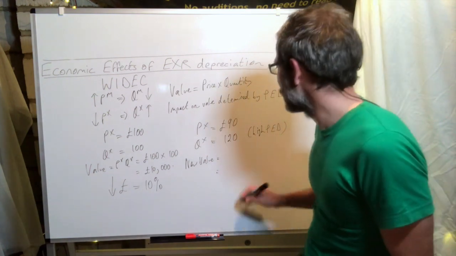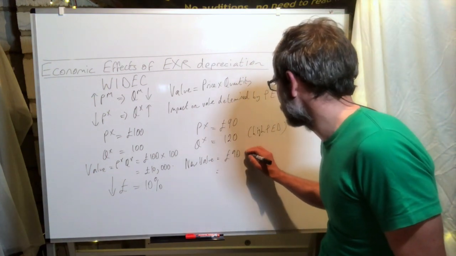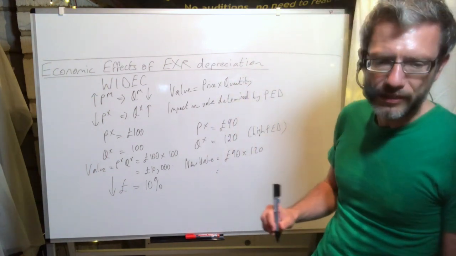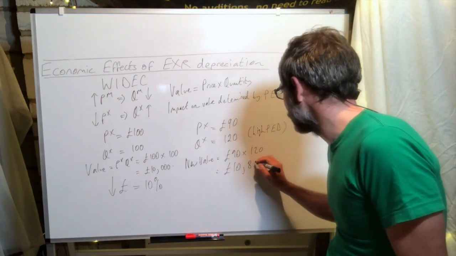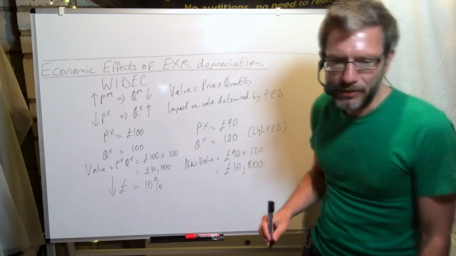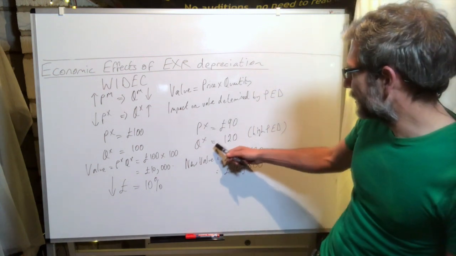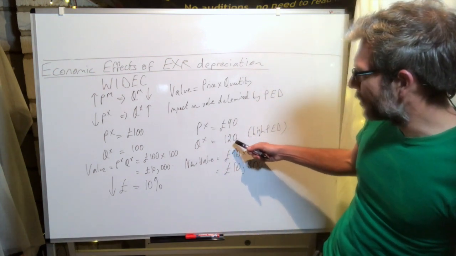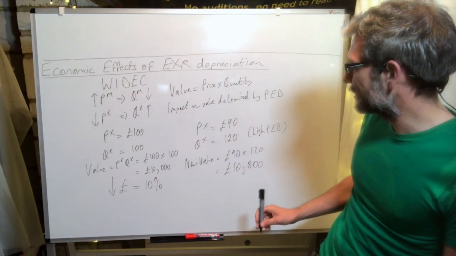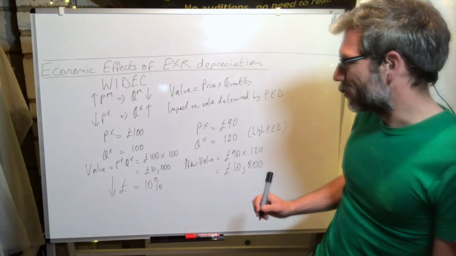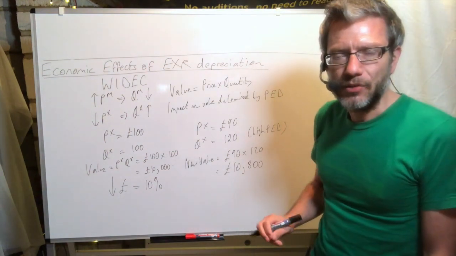The new value of exports is now £90 multiplied by 120 units, which gives the new value of exports equal to £10,800 with a high PED. So notice that in this case, the quantity demanded has gone up more than proportionate to the fall in price because demand is now elastic, and the value of exports in this case has gone up.